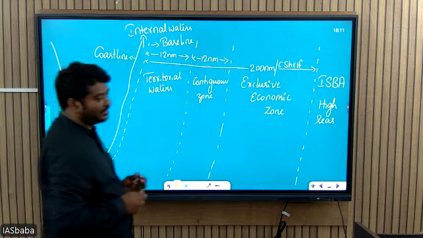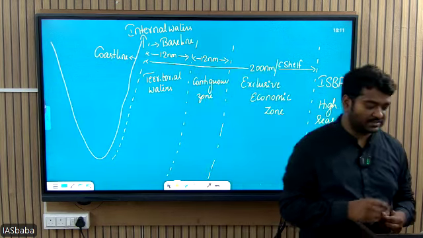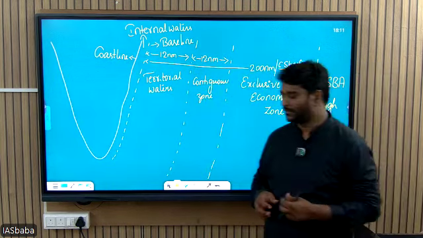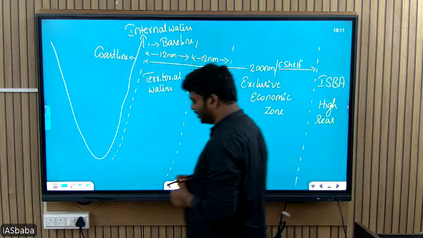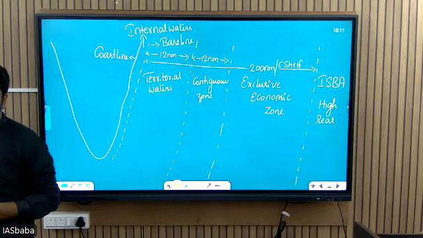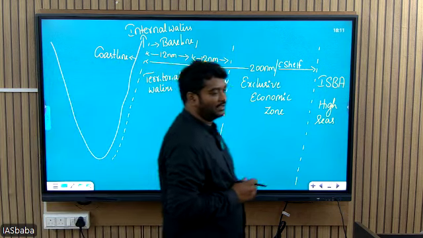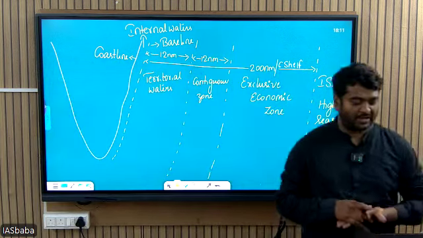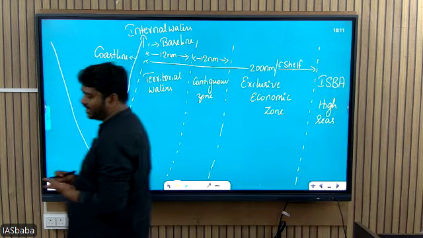In this area, minerals and other resources are under the International Seabed Authority, ISBA.